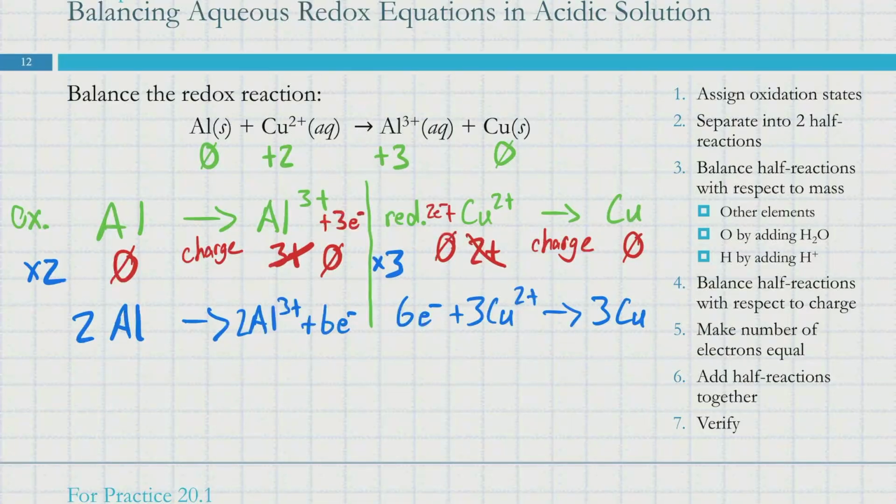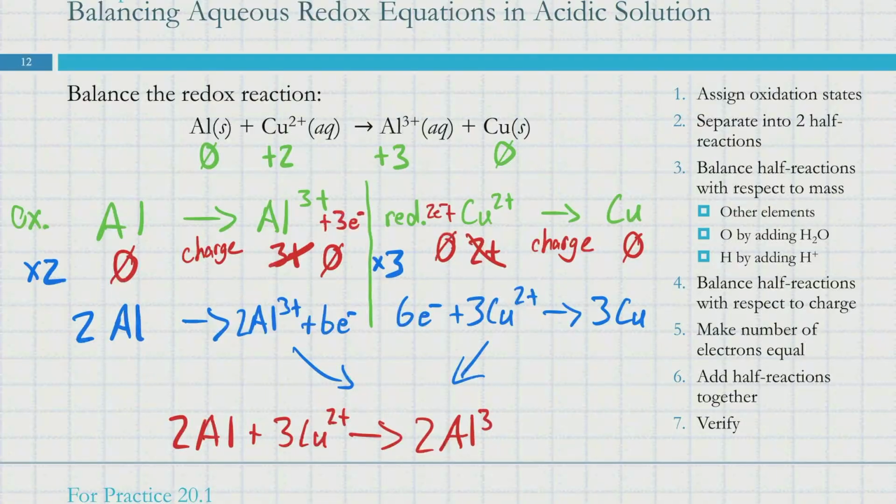That means that we can go ahead and add them together. So combining those, we get 2Al plus 3Cu 2 plus goes to 2Al 3 plus plus 3Cu.